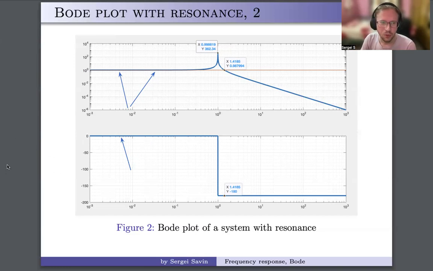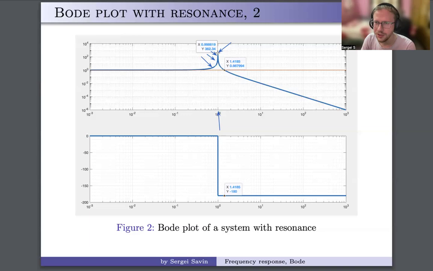Now, there seems to be something strange going on around a frequency of 1. So frequency of 1 is here, and here you can see it starts to rise. It rises, rises, rises. And this may mislead you into thinking that it arrives at a peak of y equal to 360. In fact, it doesn't mean anything.